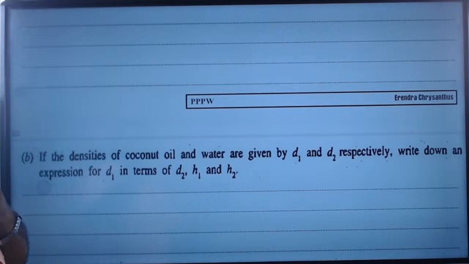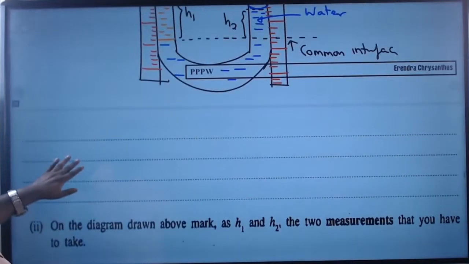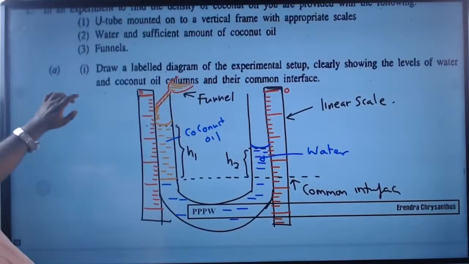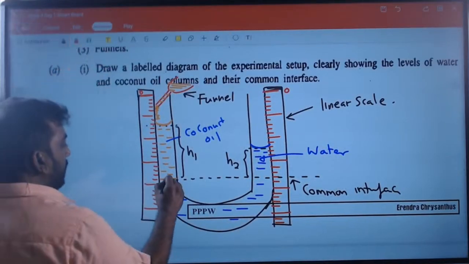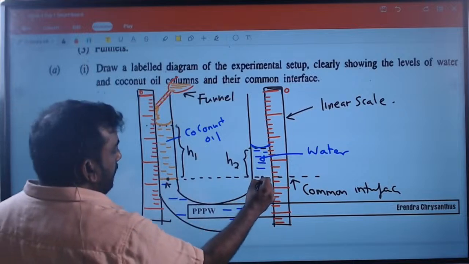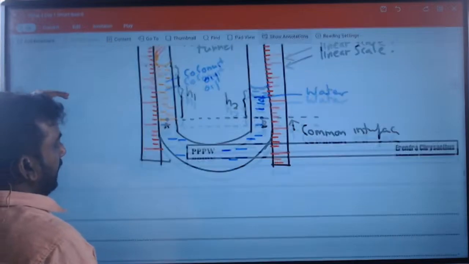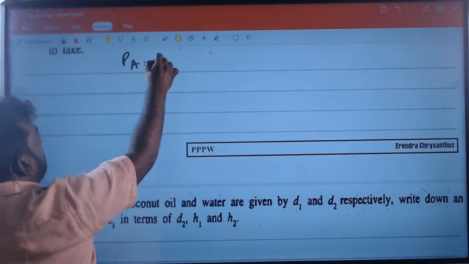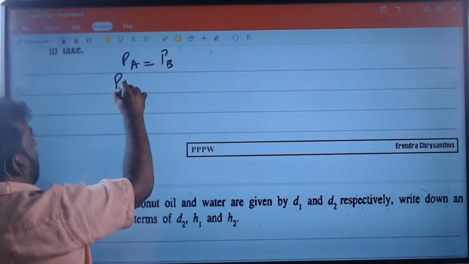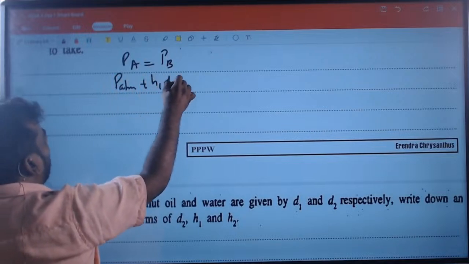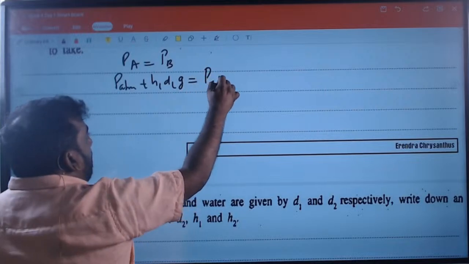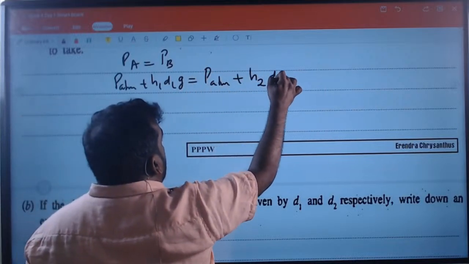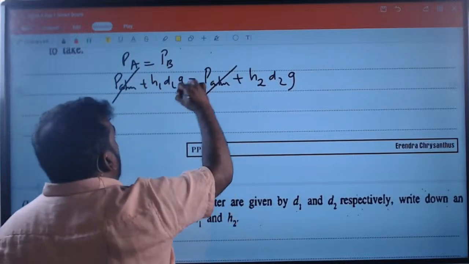If the densities of oil and water are given as D1, D2, write an expression for D1 in terms of D2, H1, H2. So pressures at the common interface are equal, A and B. Here we can say pressure at A equals pressure at B: PATM plus H1 D1 G equals PATM plus H2 D2 G. PATM cancels off, G cancels off.